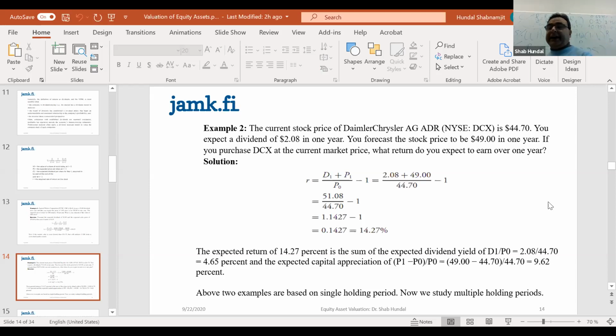So basically what you have, if I make it clean, is that the current price, the formula is D1 plus P1 divided by 1 plus R to the power of 1, because it's only one period. The current price is 44.70.